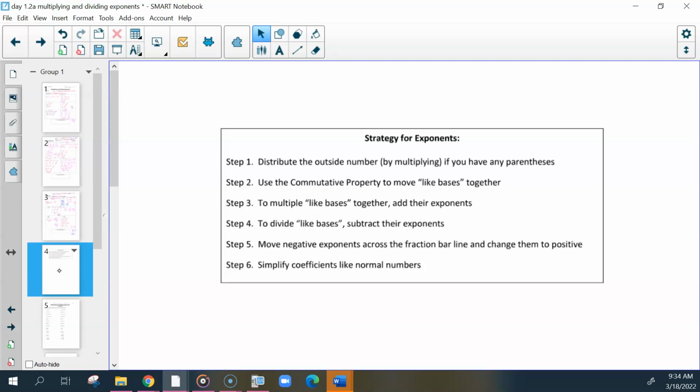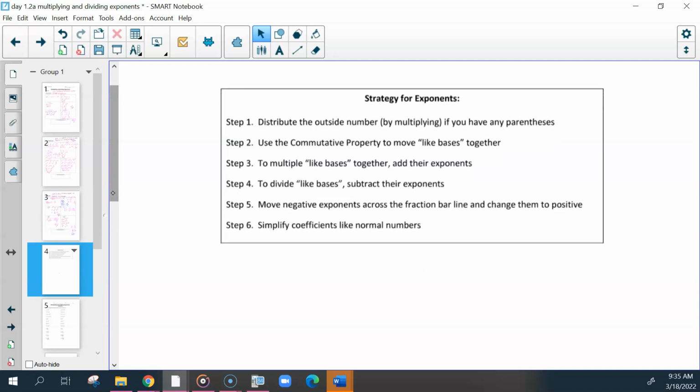I would move your like bases together, that way you can see them, but that's not a necessary step. When multiplying like bases, add their exponents together. When dividing like bases, subtract their exponents. But if you're multiplying just regular numbers, multiply those together. If you're dividing just different numbers, divide those. They may be fractions, whatever.